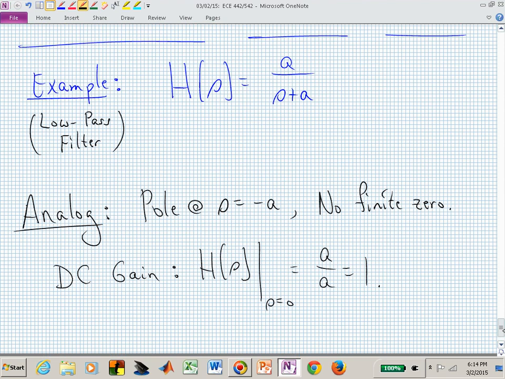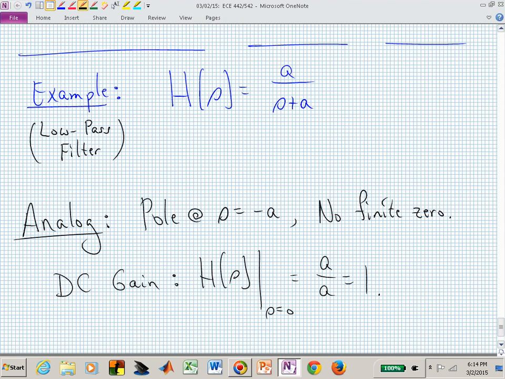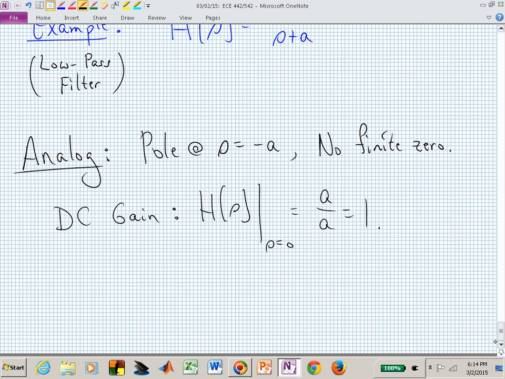Let's now replace capital H of S with capital H of Z. Let's create a discrete equivalent. We can now say, okay, let's use the forward rule that we've just developed.